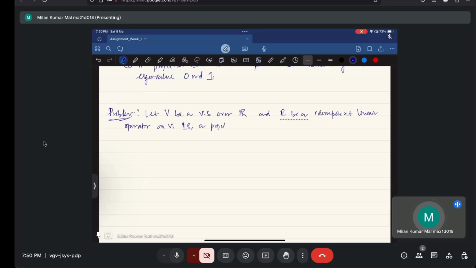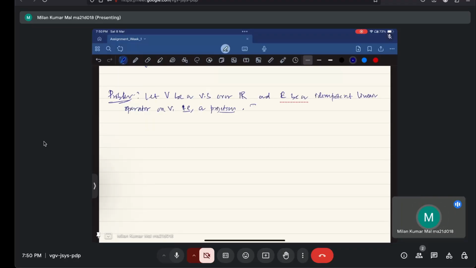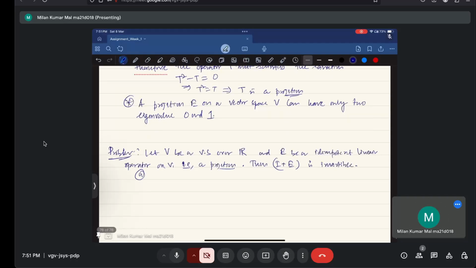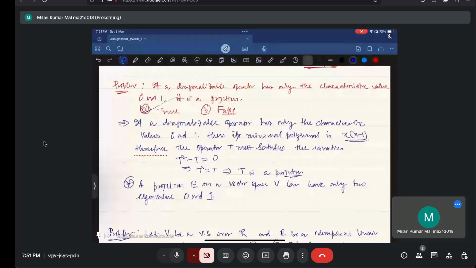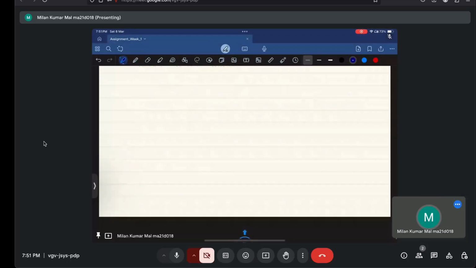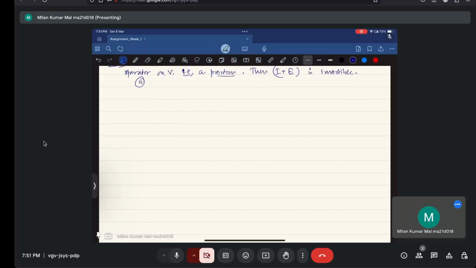A projection is actually an idempotent. Idempotent means E squared equals E. Then I plus E is invertible. This is true or false.